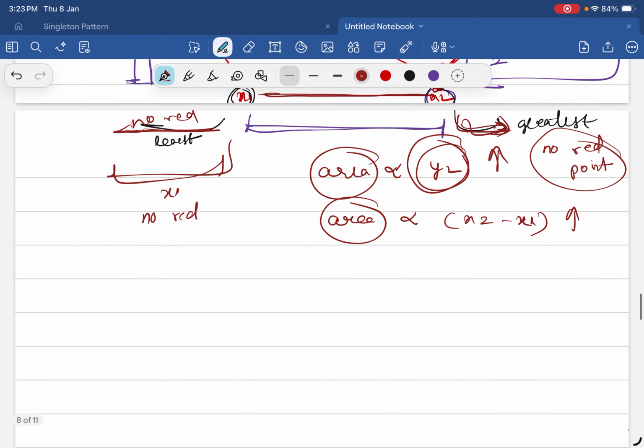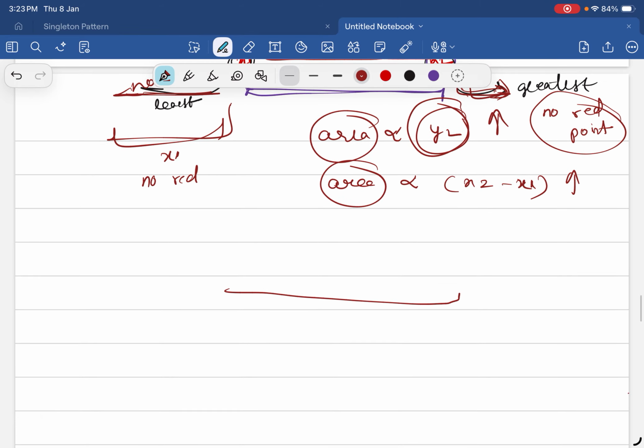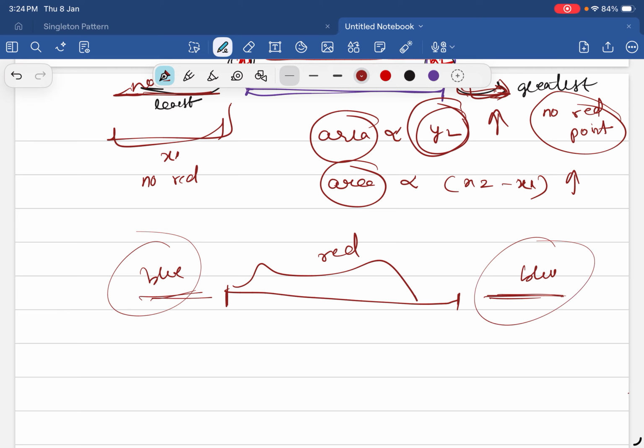All red points will lie here, and the blue can be on either of these sides, either here or here, but red will always lie between x1 and x2 no matter what.